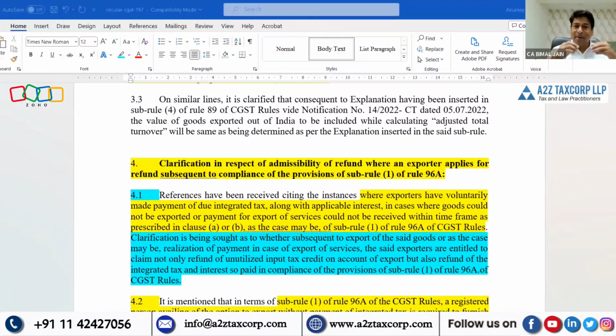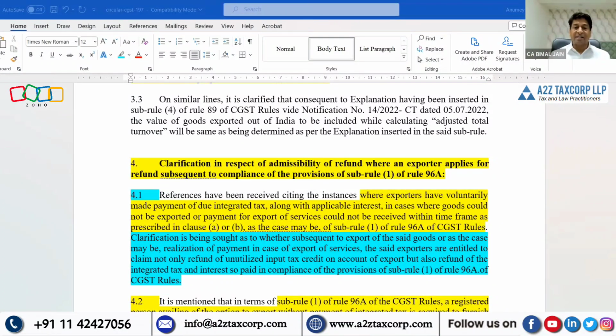You must be knowing: supplier is in India, recipient outside India, place of supply outside India, supplier and recipient not merely establishments of a distinct person, and you should receive the money in convertible foreign exchange unless otherwise permitted by RBI. But there is a time period within which you need to get the export proceeds when we talk about export of services. So in that context, you need to read this particular clarification.